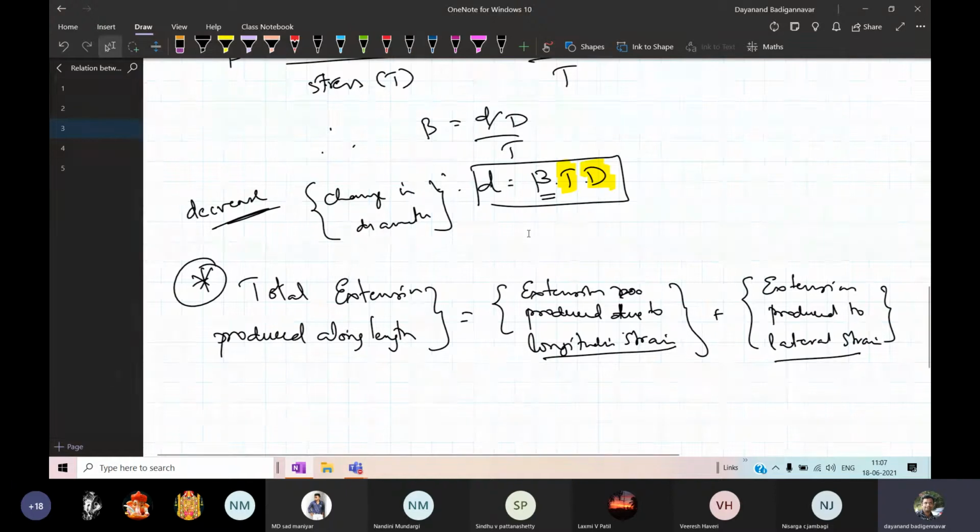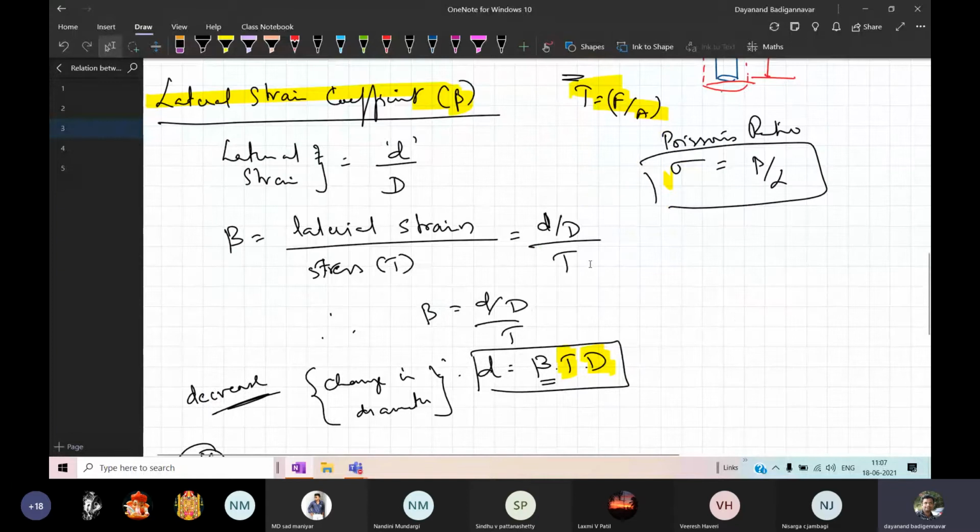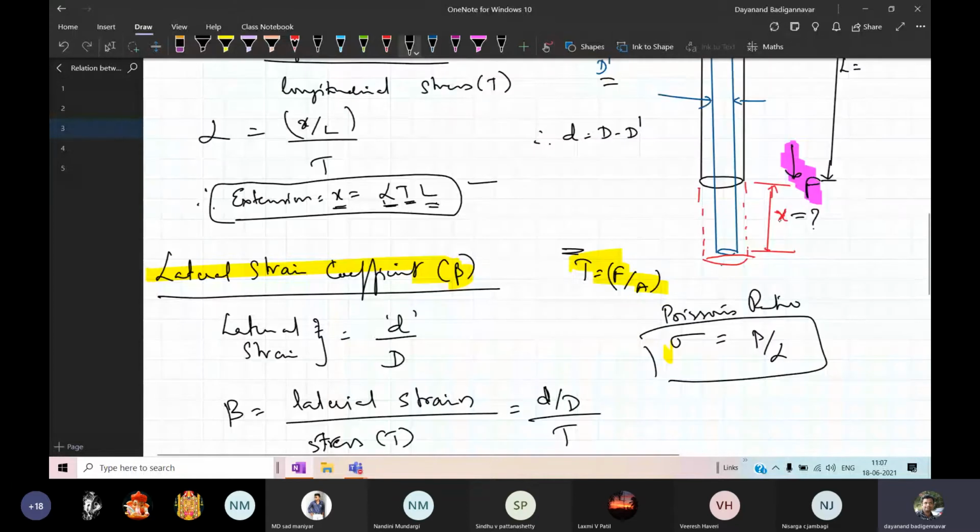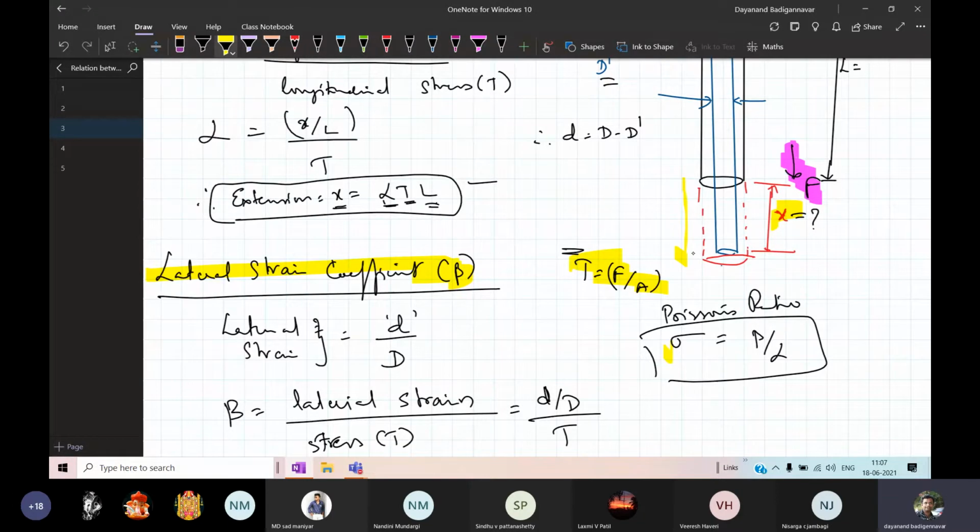If you look at this diagram, there is an X. This is the extension you have. Now this is actually due to two reasons. One, due to the longitudinal strain: whatever stress you have applied along this direction is going to contribute. At the same time, there is a lateral strain along the diameter, which is perpendicular to this.